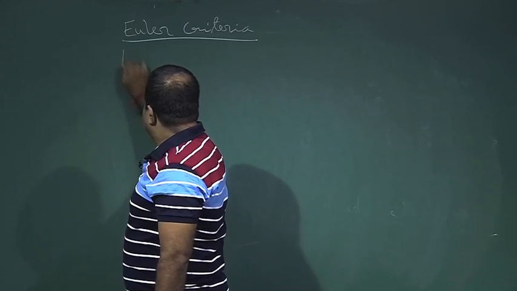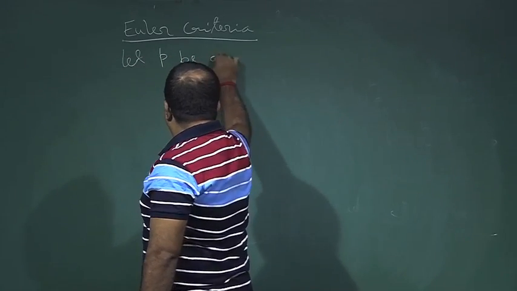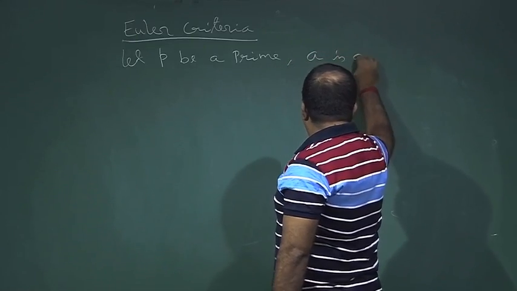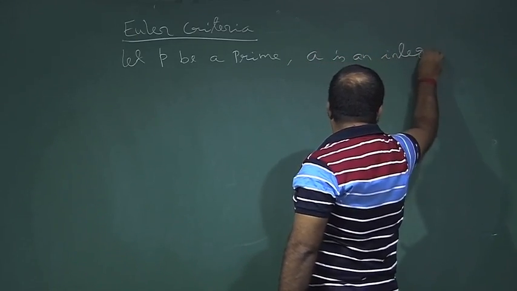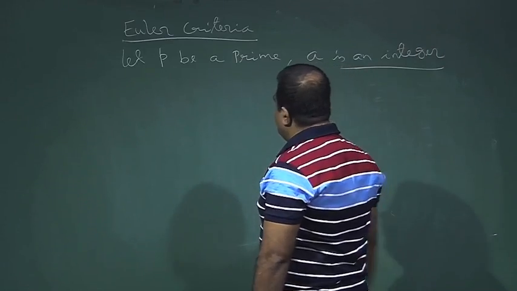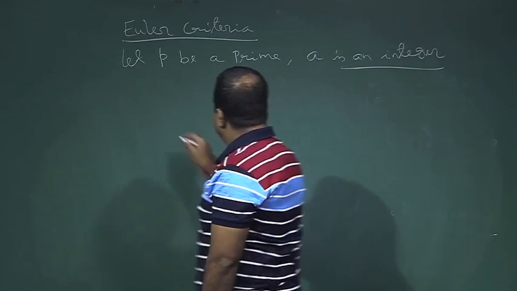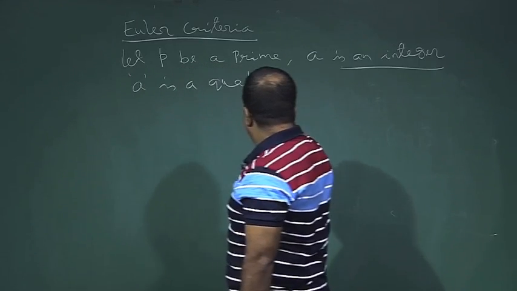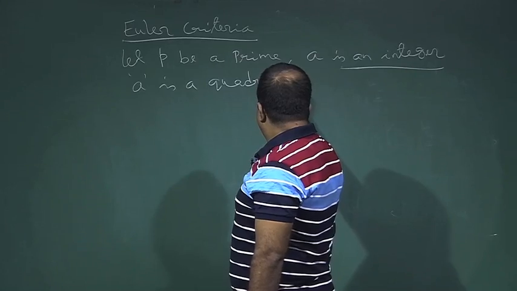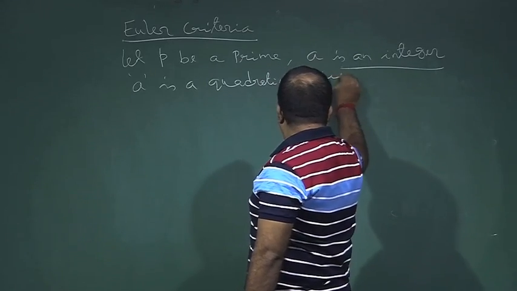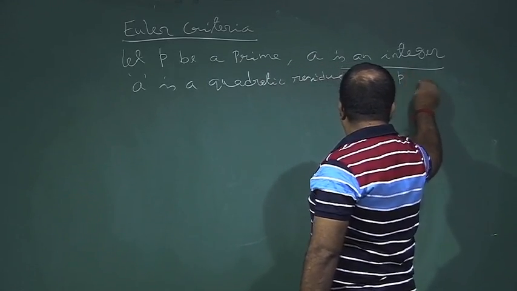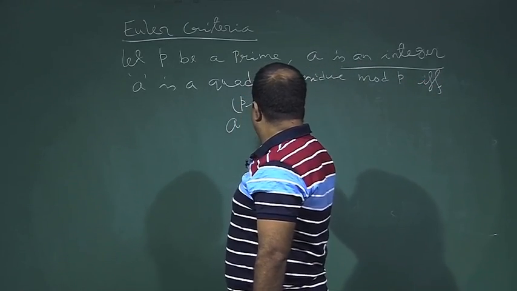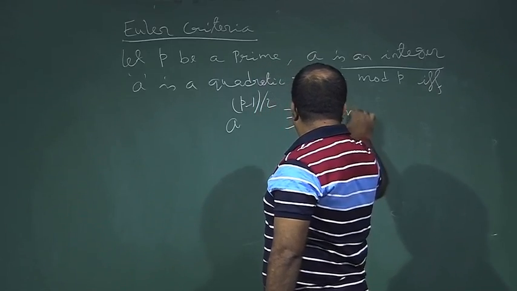Again, let p be a prime and a an integer. We know this theorem: a is a quadratic residue mod p if and only if a to the power (p minus 1)/2 is congruent to 1 mod p.